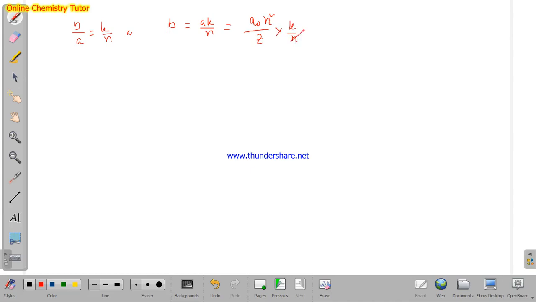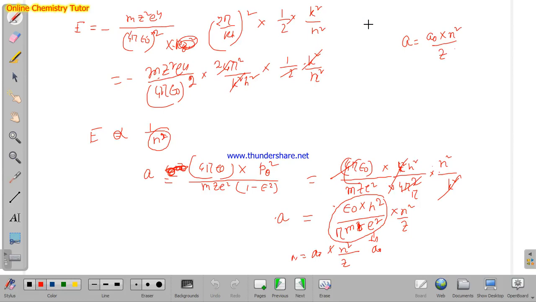Now n cancels out, so b equals a0 into nk by z. Now we have seen that the value of b depends on both n and k, both quantum numbers. So for different orbits, different values of b will be obtained, but the value of a only depends on n, the principal quantum number.